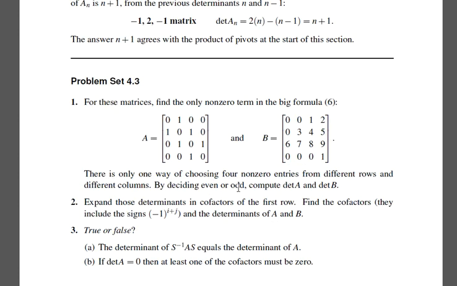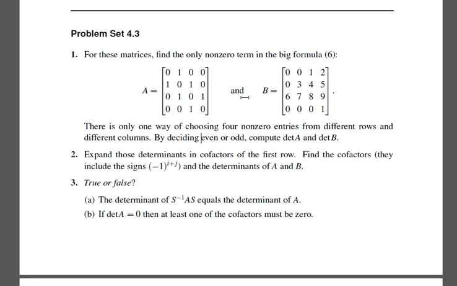By deciding even or odd, compute determinant A and determinant B. The determinants of A and B are to be found, and there are some true and false questions. You will get the solution, so please refer to the solution link. Usually the first problems are the basic things. Let's go through this.